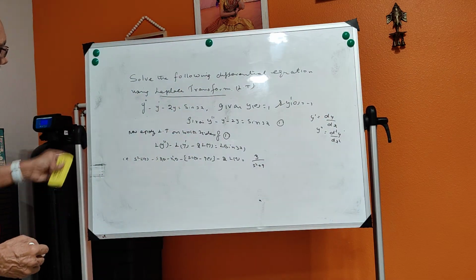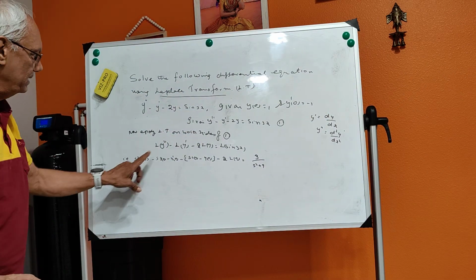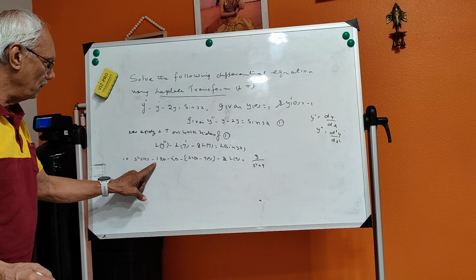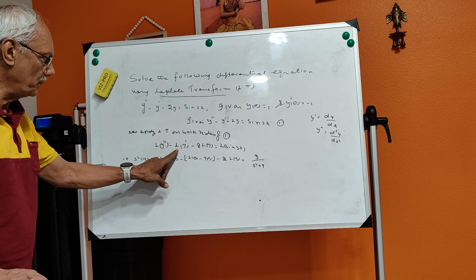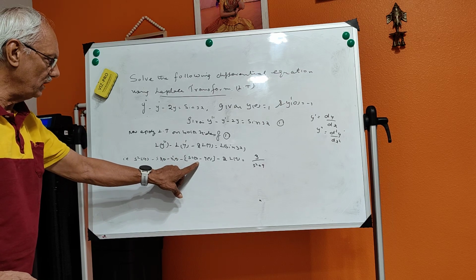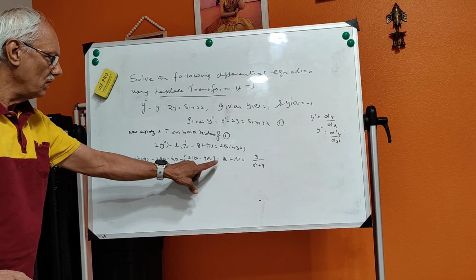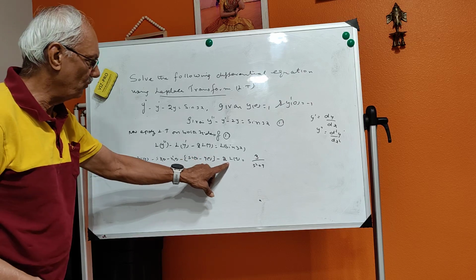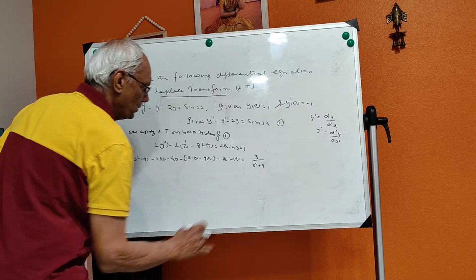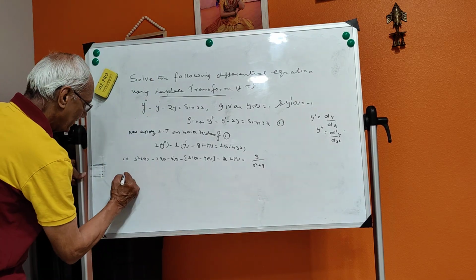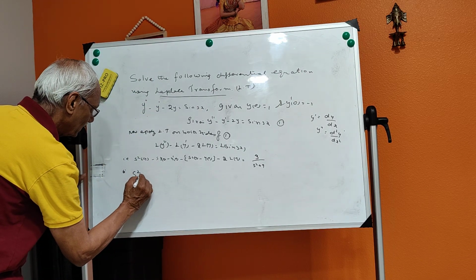So the Laplace transform of y double dash is s square L of y minus s y of 0 minus y dash of 0, minus the Laplace transform of this, which is s of L of y minus y of 0, minus 2 times L of y is equal to the Laplace transform of 3 sin 3x. Now substitute the values here.